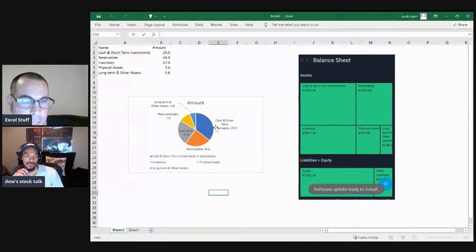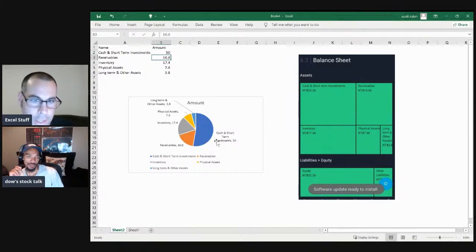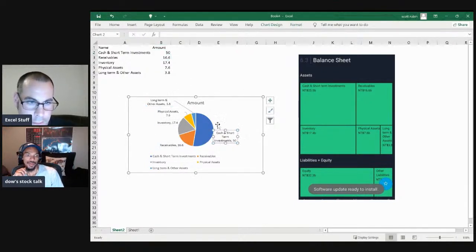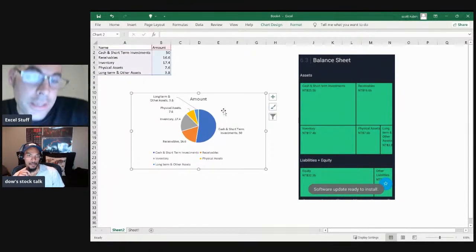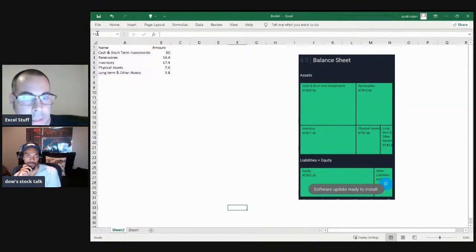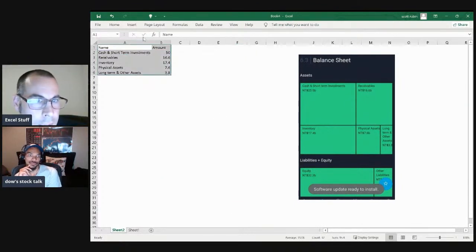Yeah, so that gives you the sizes, and like if cash was bigger, you see cash gets big here. Right. But okay, that's it. Let's see if we can put it into a box. I've never done this before, but there might be a way.